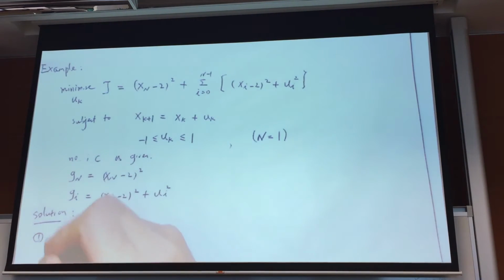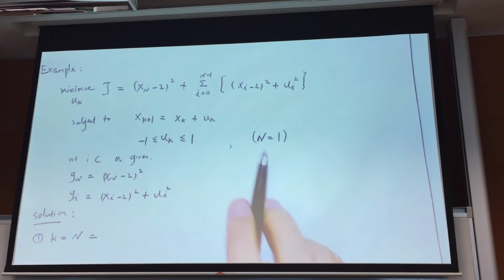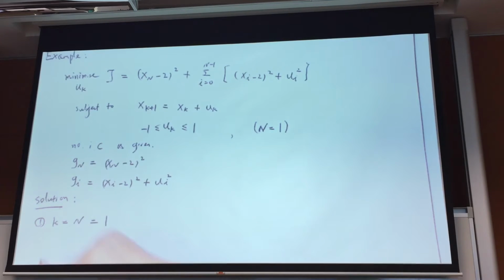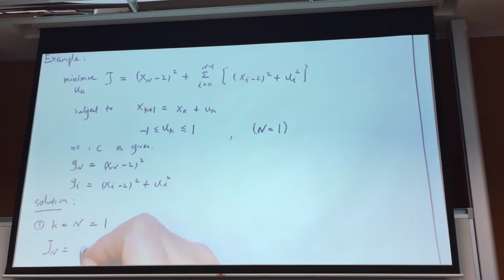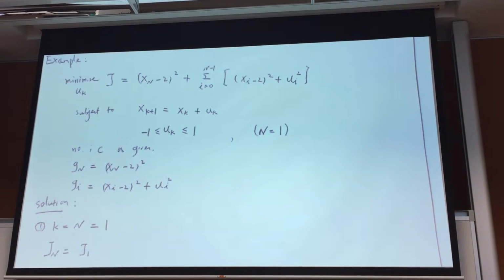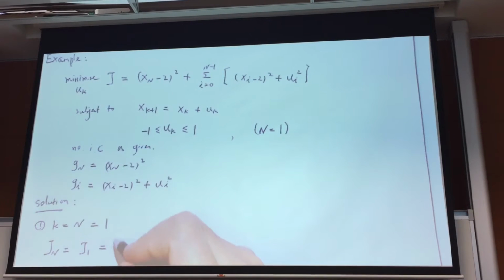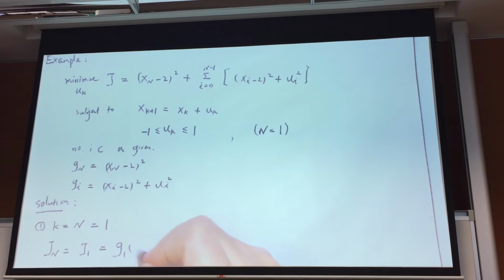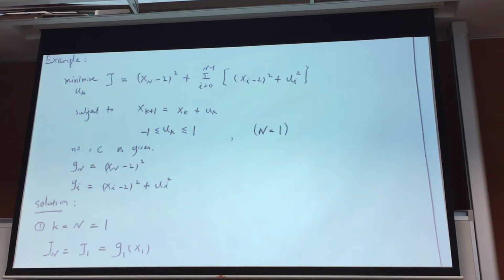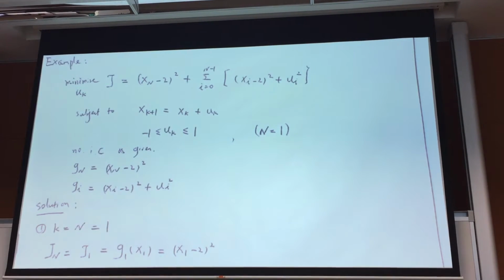For the final state, we have k equal to n, and in this case n equal to 1. So we have Jn equal to J1, which is a function of x1. From this equation, we know this is given by x1 minus 2 squared.